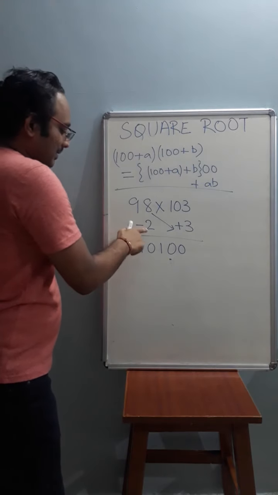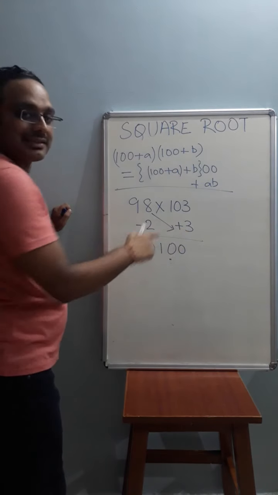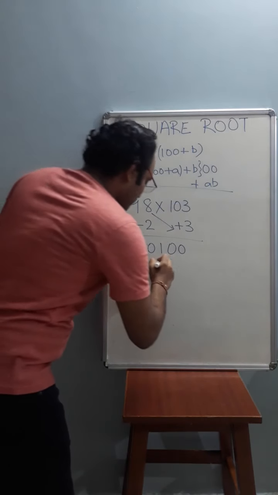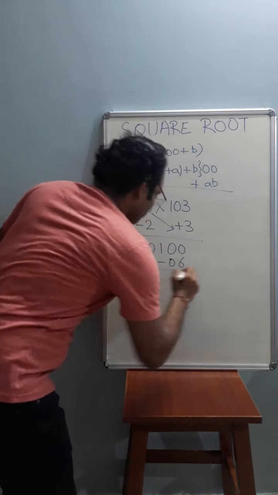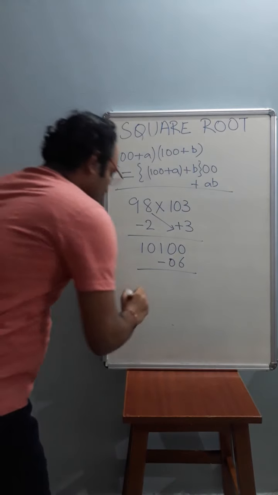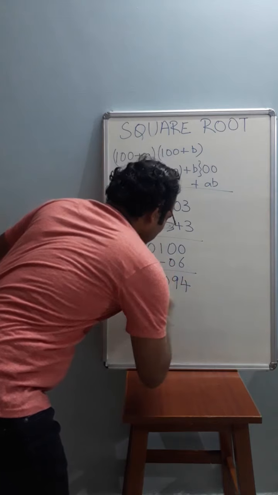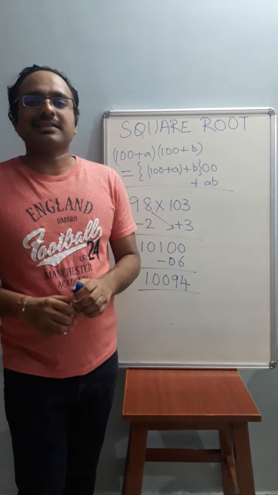AB is minus 2 into plus 3, that is minus 6. So plus of minus 6 is minus 6. So this would be 10094.